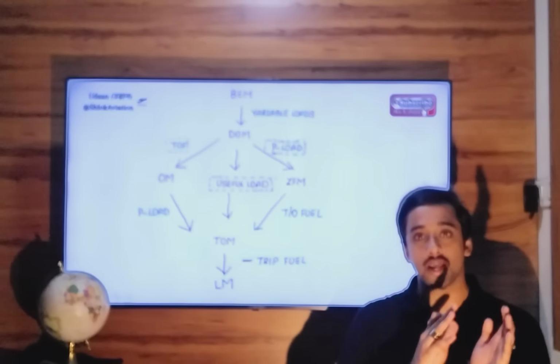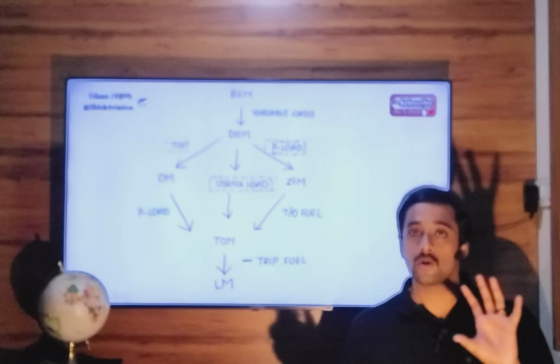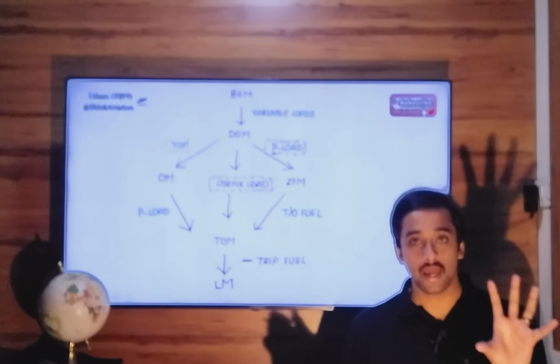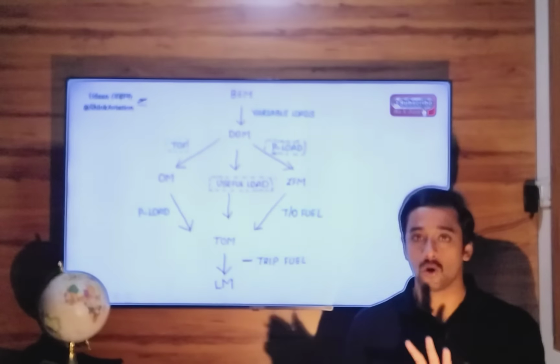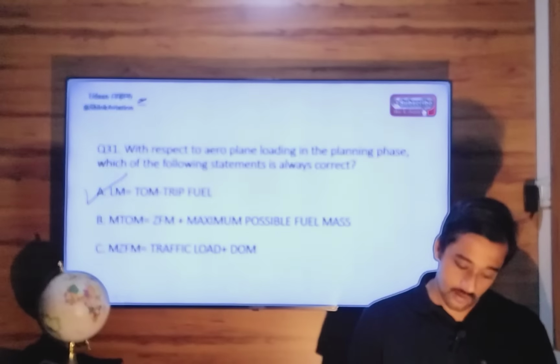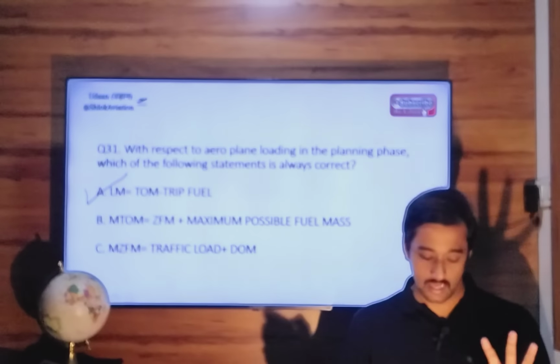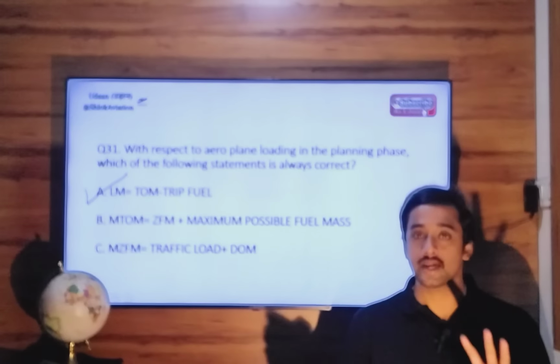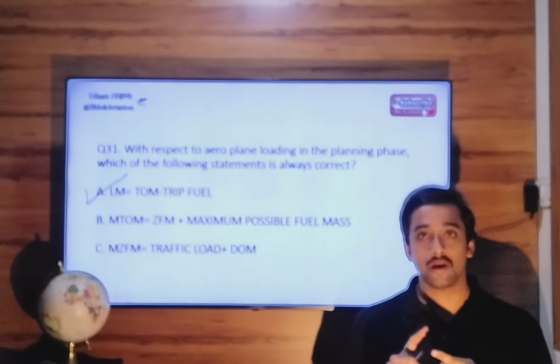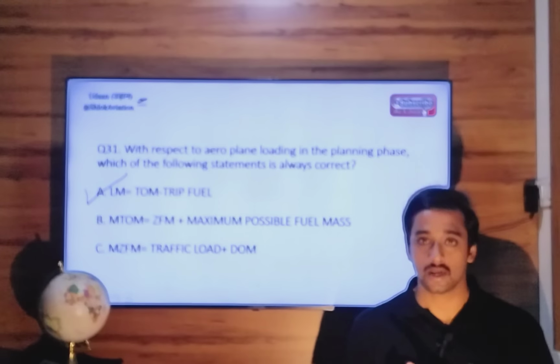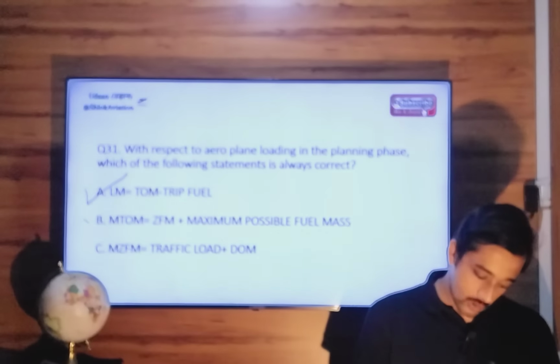So you are going to subtract that fuel and only consider that fuel which is going to remain in the fuel tanks at the time of takeoff. Therefore option Bravo will be wrong, because you are not going to include all the fuel in this calculation. You are going to only include takeoff fuel, excluding taxi fuel and engine startup fuel. So Bravo is wrong.